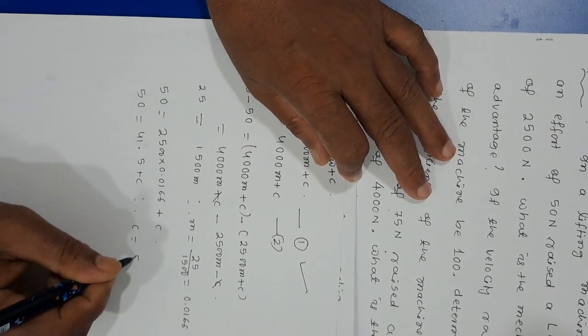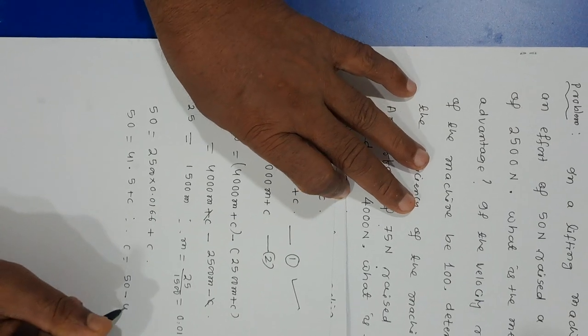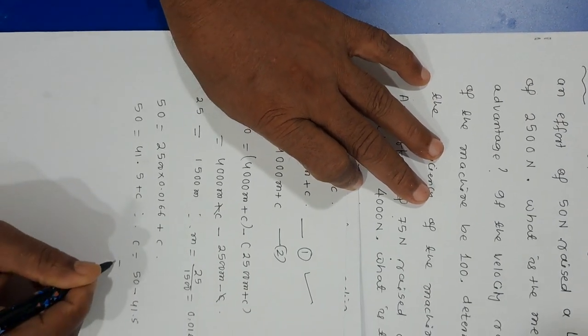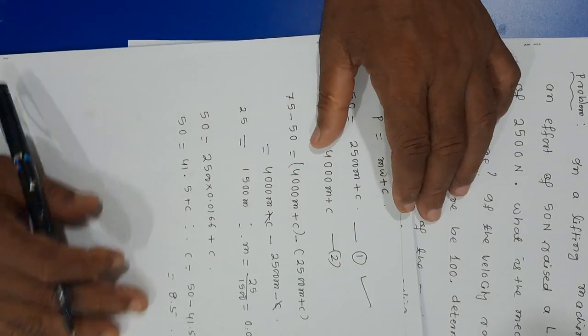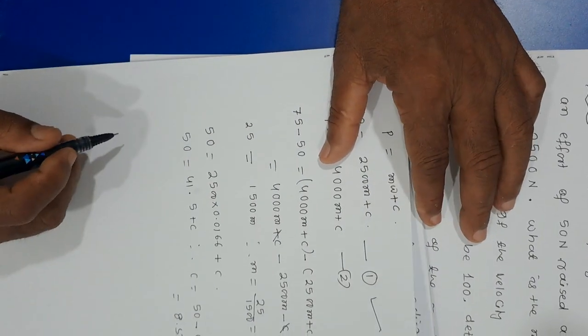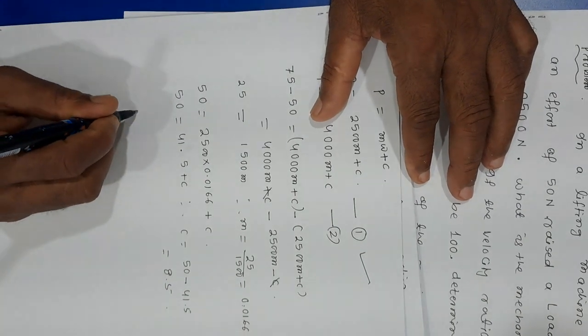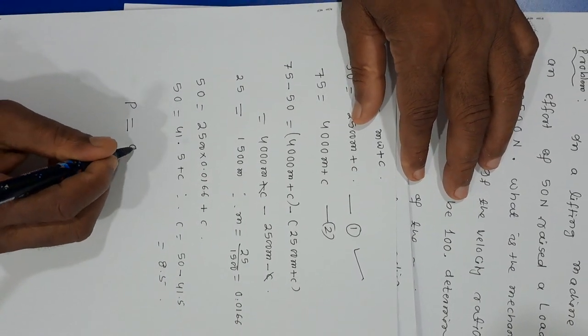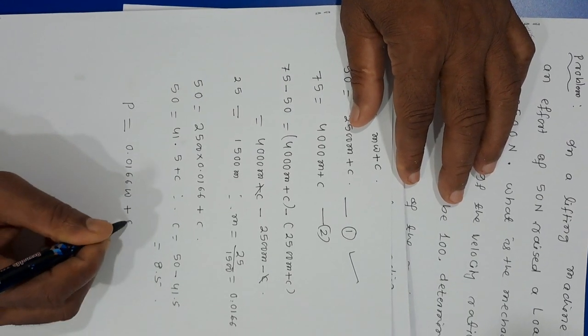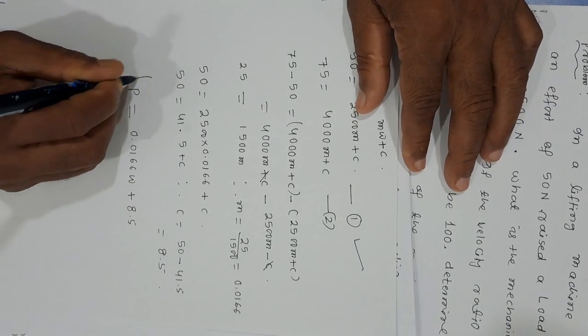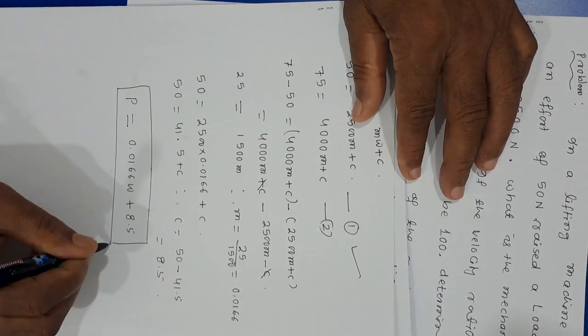Therefore, c is equal to 50 minus 41.5 is equal to 8.5. Therefore, the required law of machine is P is equal to 0.0166 W plus 8.5. This is the required law of machine.